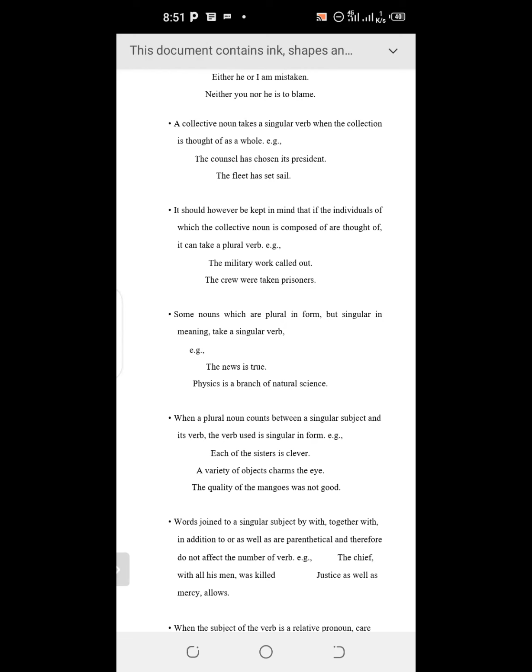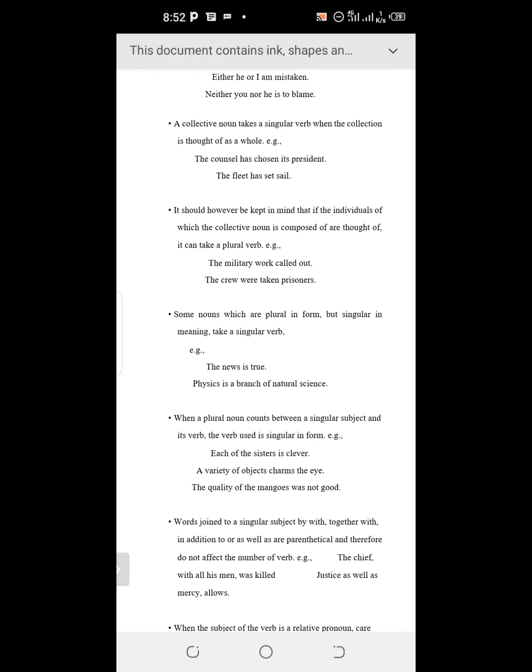So a collective noun takes a singular verb when it refers to all as a whole. For example, the council has chosen its president. So here council means what? Council means all those members who are part of this committee, and as a whole, they have selected, so they have chosen their president. The fleet has set sail.